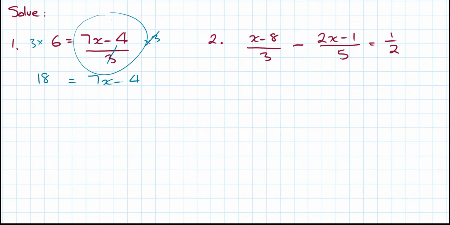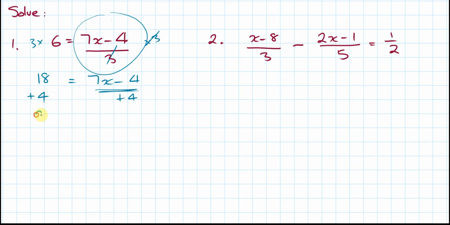Now with these equations we want to isolate x, get x all by itself on one side of the equal sign. So looking at this here, I can see I've got minus 4. So opposite operation of minus 4 is adding 4. So effectively we're adding 4 to both sides.